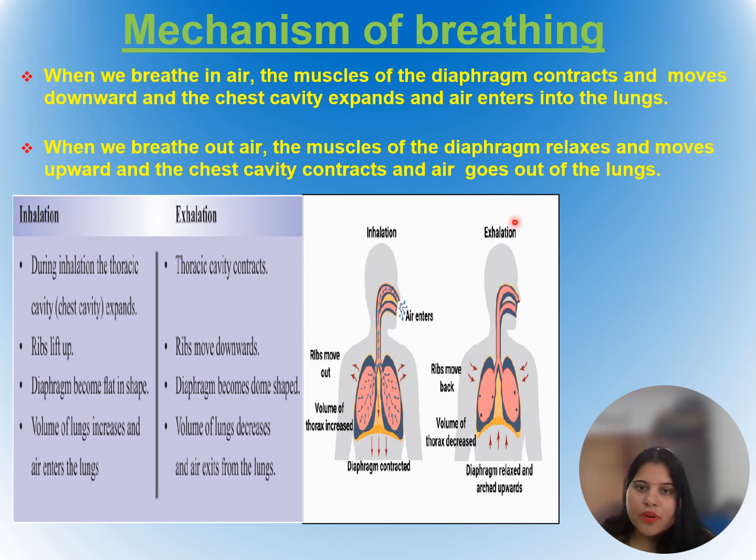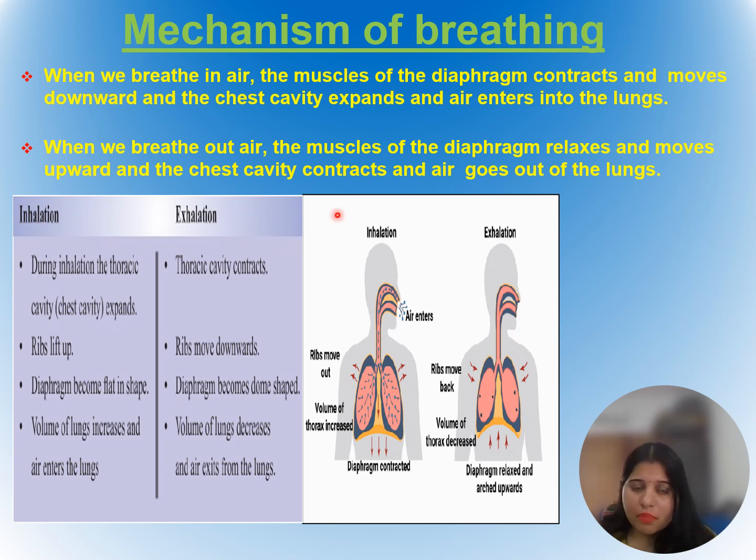Now, during the process of exhalation, when we exhale, the diaphragm relaxes and moves upward. So when we breathe out air, the muscles of the diaphragm relax and move upward, and during this process you can see this chest cavity contracts and air goes out of the lungs.